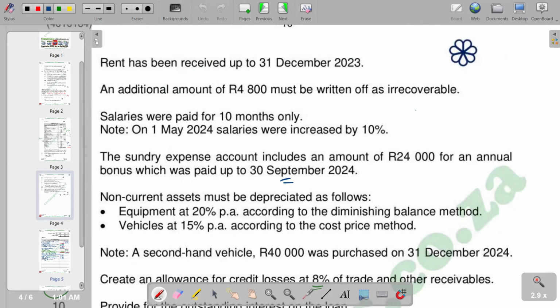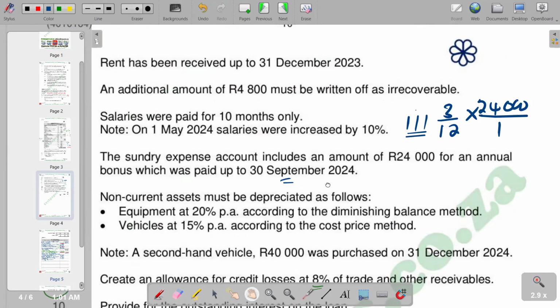We have to remove them according to the matching principle. So we are saying end of June, July, August, September are out of the current financial period. So we've got 3 months out of 12. So we are saying 3 over 12 outside of the financial period. Then we multiply by 24,000 to see the proportion that is supposed to be removed.